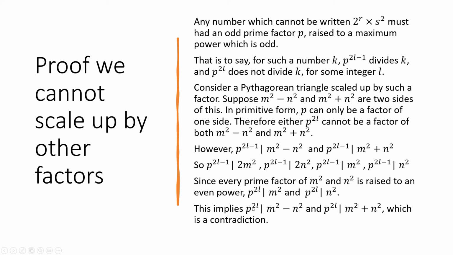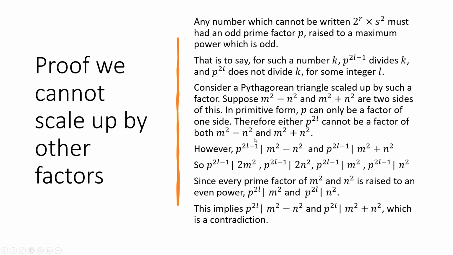I've got p to the power of 2l is a factor of both the difference and the sum, and I've contradicted what I said earlier on. So I've contradicted this sentence, p to the 2l not being a factor of both of those.